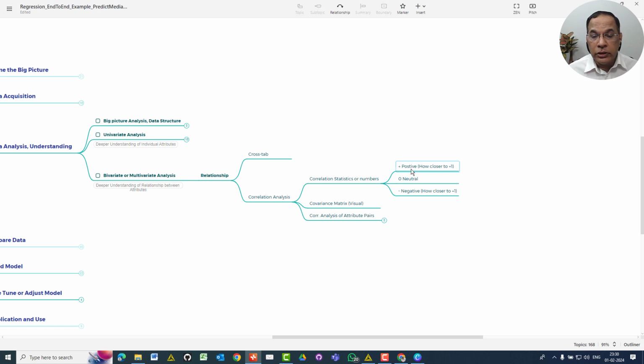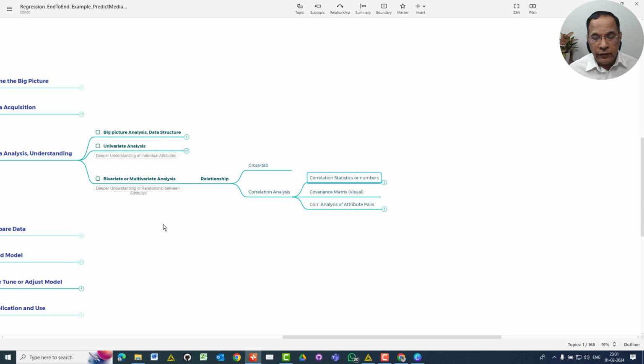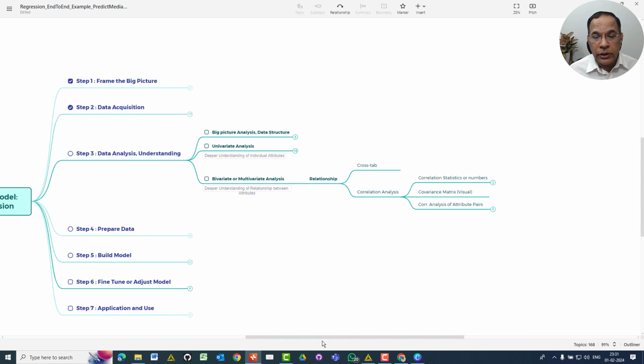So things like that, which are saying, hey, are these variables moving together in the same direction, or are they moving in the opposite direction, so that I can factor the impact of them in terms of my final analysis. Mind you, all of this is to get a good understanding, so that when we go and build the model, so that we can predict the price for the future, you can then make good sense of the equation that the techniques are going to throw at us, right? So essentially that's the idea.